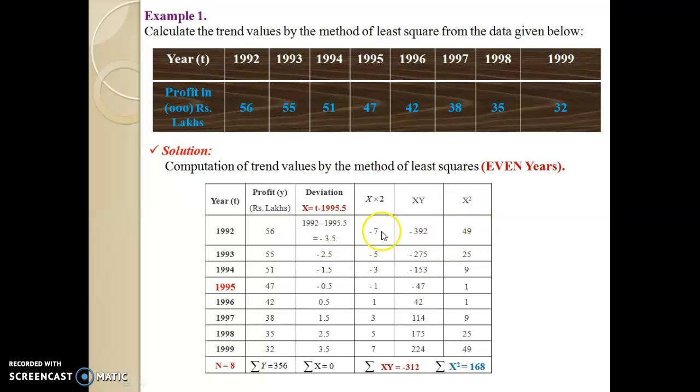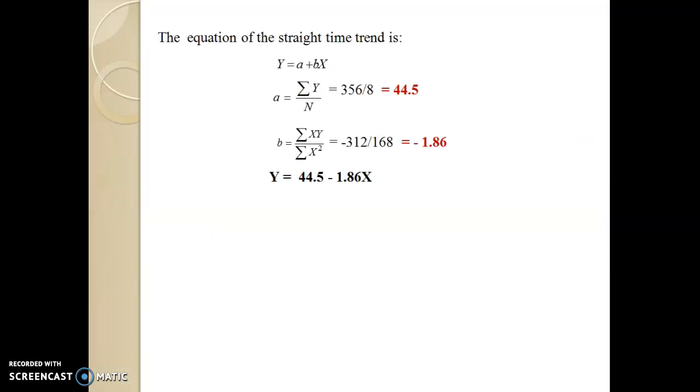This is x square: the square of 7 is 49, minus 5 squared, square is always positive, that is 25, 9, 1, 1, 9, 25, up to the last, that is 1999, 49. The summation of x square becomes 168.